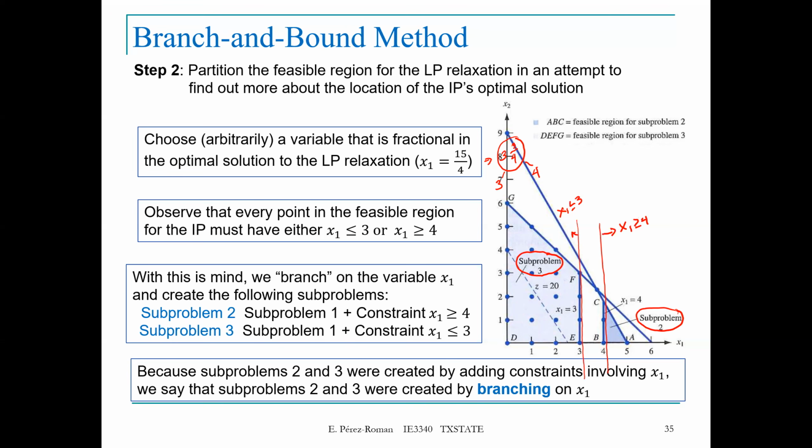Because subproblems 2 and 3 were created by adding constraints involving x1, we say they were created by branching on x1. And that's where the name of the algorithm is derived from: branch and bound. We branch and then we bound, and then we continue until we find the optimal solution. So we have two feasible regions now, A, B, C for subproblem 2, and D, E, F, G for subproblem 3.